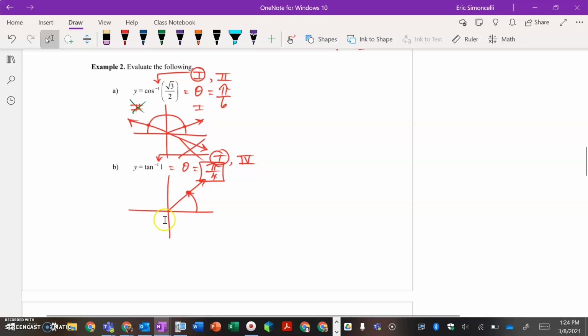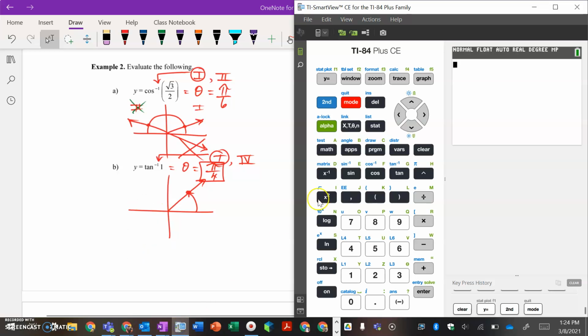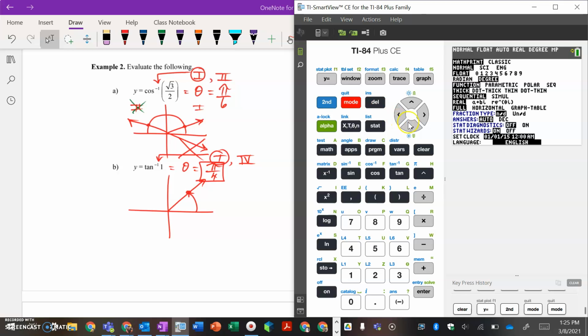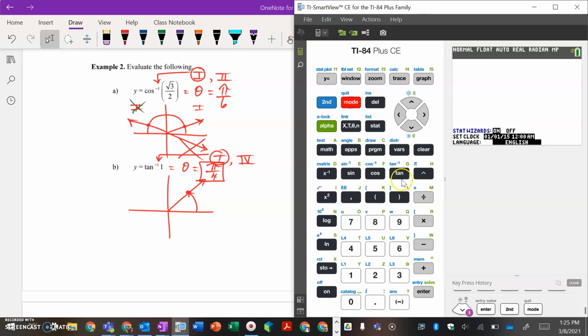Just to double check, if you did in fact do the tangent of both angles, why don't we try that here? I'll make sure that I'm in radians. Going backwards to check our answer, the tangent of pi over 4 should end up being 1, but so should the tangent of 5 pi over 4.